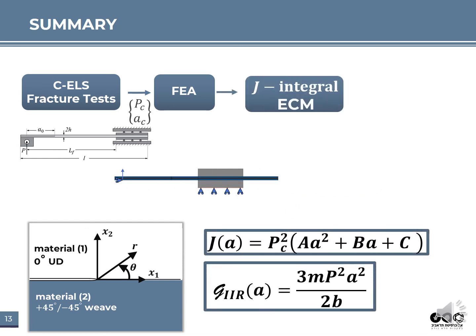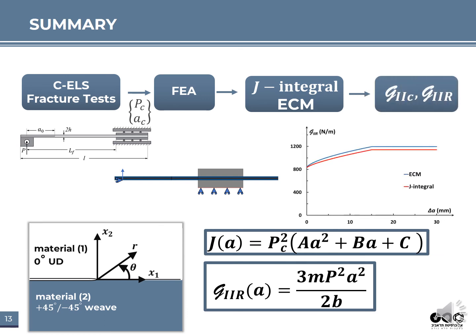By means of the J integral and the experimental compliance method, the critical and resistance energies were obtained and plotted versus the delamination extension. These resulting curves actually are important in order to predict delamination resistance to propagation.